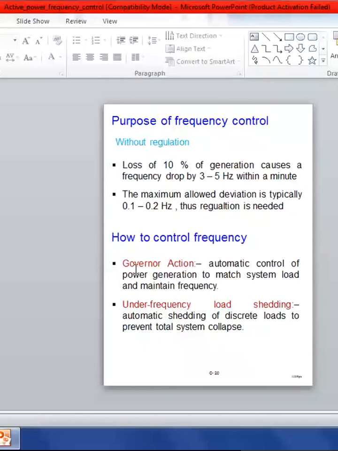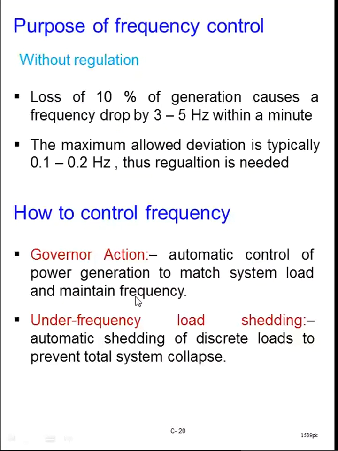So as I said in the earlier slides, we applied two approaches for frequency regulation. One is through the governor action, right? And that will be how effective we are able to match the generation against the load and thereby maintain the frequency. This is one way.